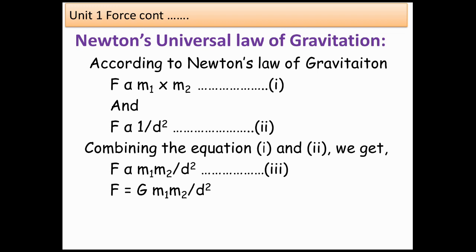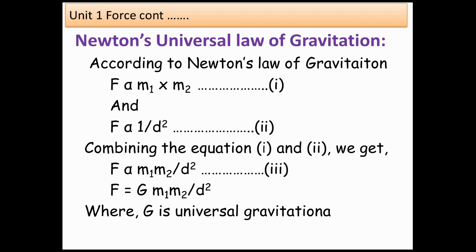That is the mathematical formula to calculate the force of gravitation: F is equal to G m1 m2 by d square. What is the meaning of capital G? This capital G is the universal gravitational constant.